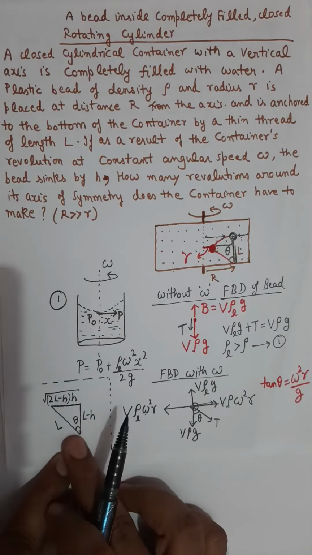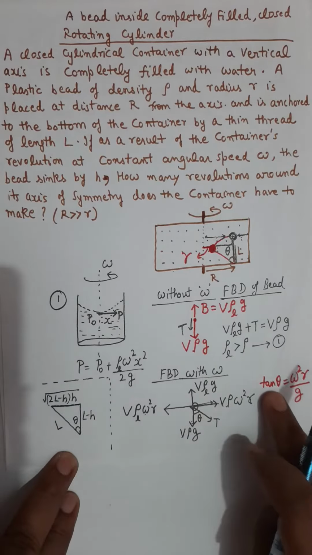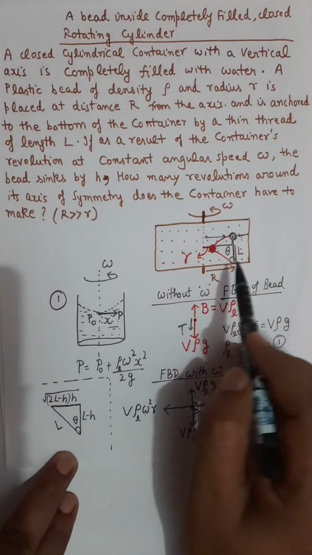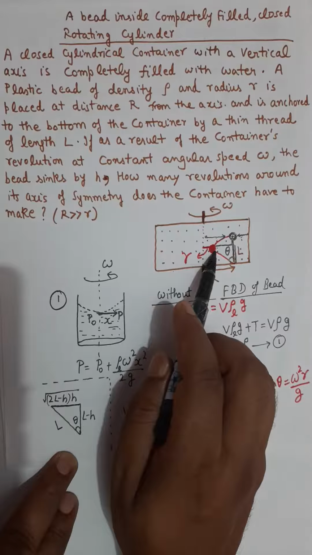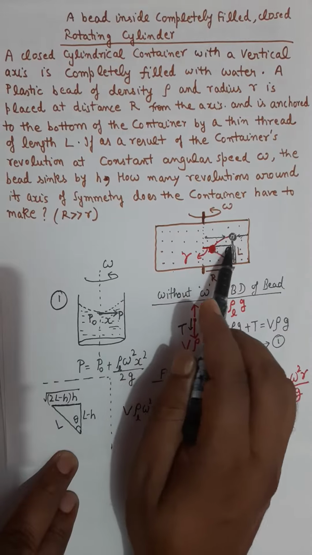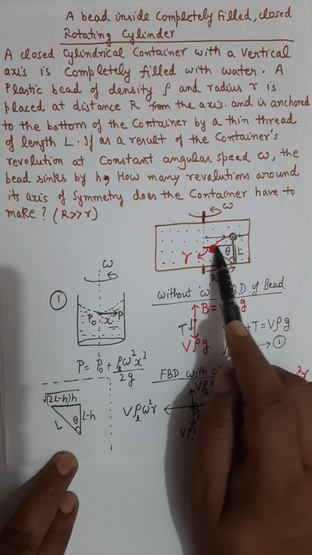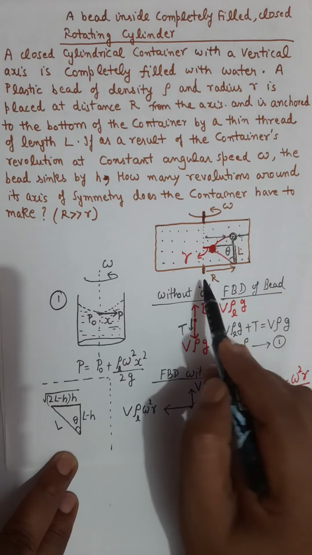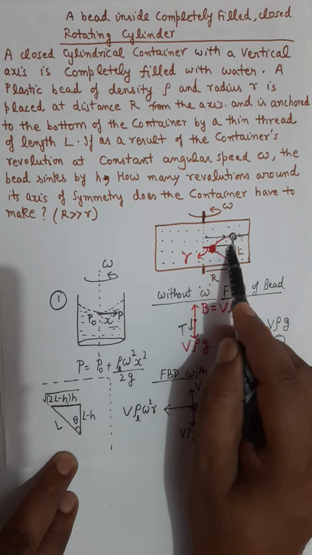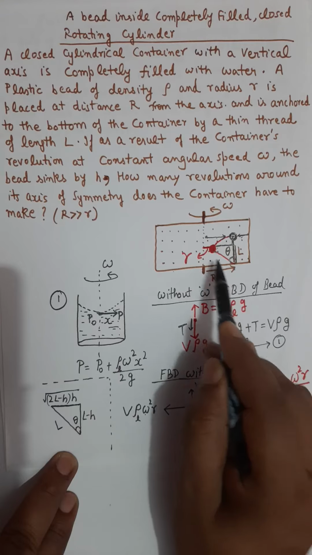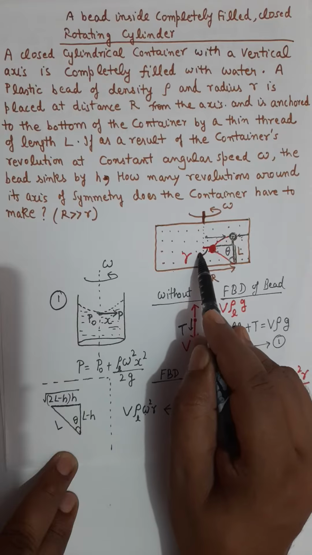So this triangle can be used for finding the value of tan theta. And then for small r, notice if this length is capital L, then this horizontal portion will be L sin theta, and if I subtract this L sin theta from this capital R, I will get the value of small r.